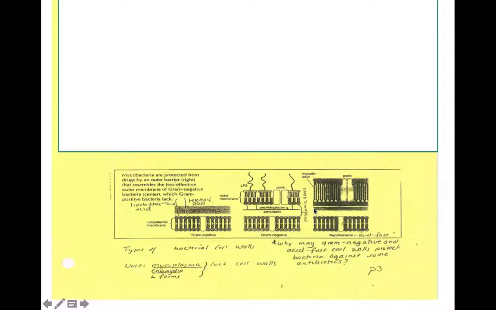The acid-fast bacteria are probably more closely related to gram-positives. They have a moderate layer of peptidoglycan right here, and here is then that waxy outer layer, rich in mycolic acid. That's the wax I'd like you to remember. So the mycolic acid here is going to be found in our acid-fast bacteria. Notice, you guys, that mycolic acid is not in the gram-negative cell wall nor in the gram-positive cell wall.